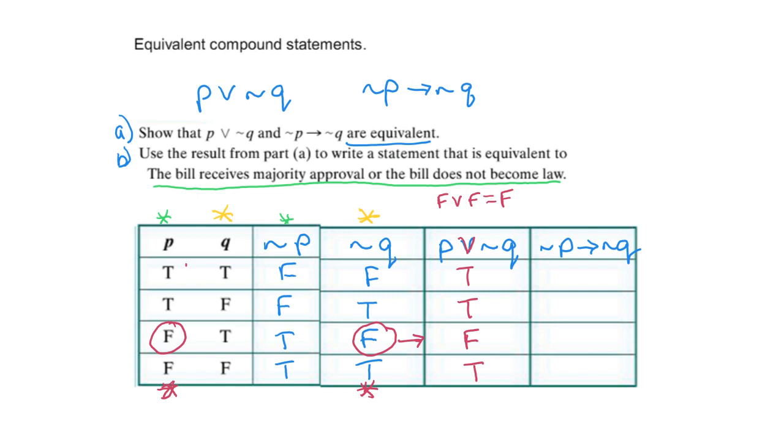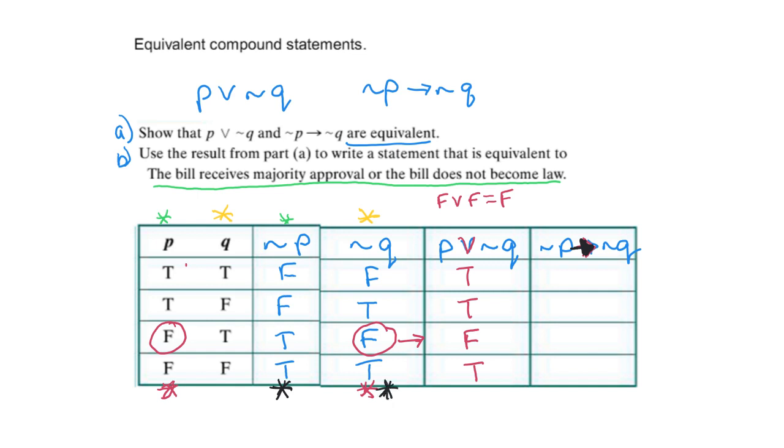The next statement is the conditional. Let me switch colors on that. On the conditional, remember we want to look at not P, which is this column right here, and not Q, the column right there.